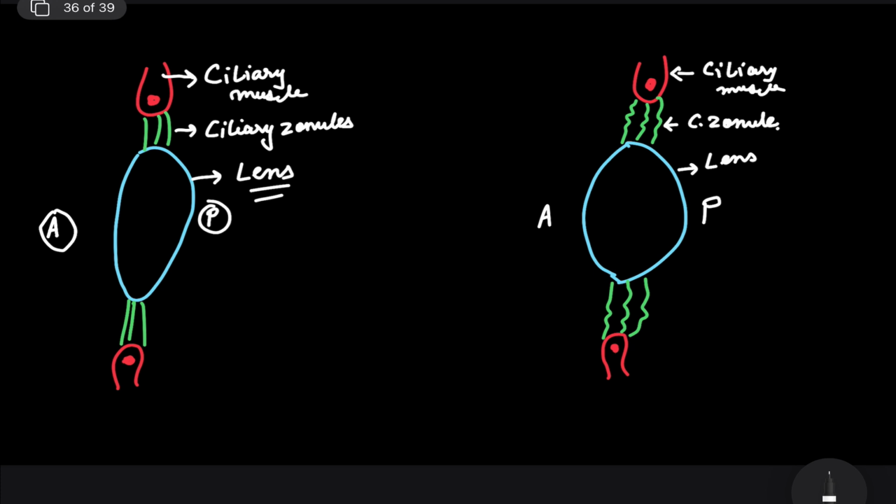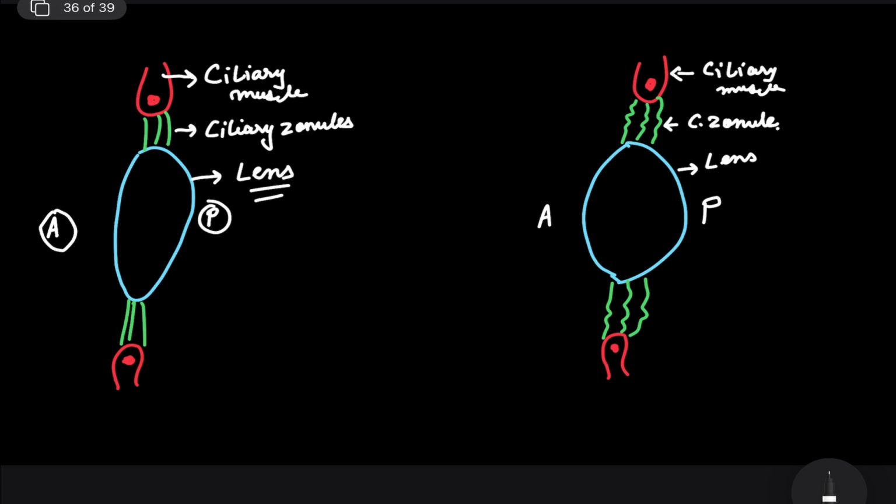Okay, now to change this curvature of the lens, or the anterior curvature of the lens, some things need to happen. These things that happen, the power of the lens changing to accommodate for varying distances of objects and focus them on the retina, this is what accommodation is.